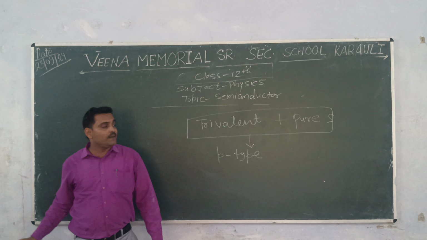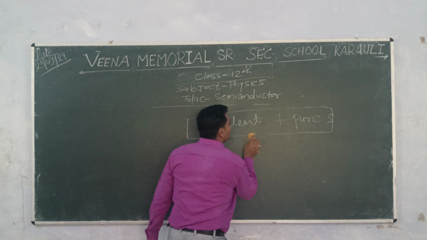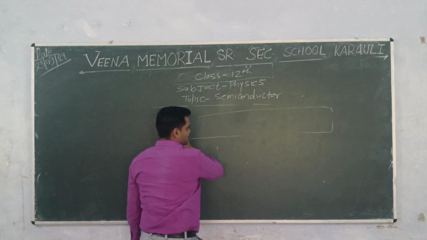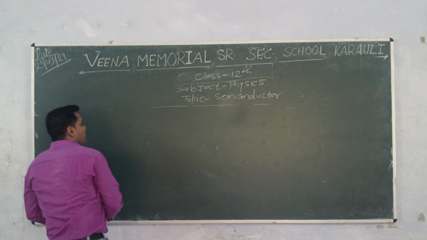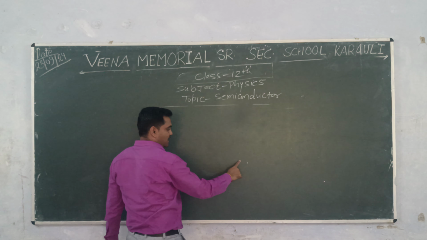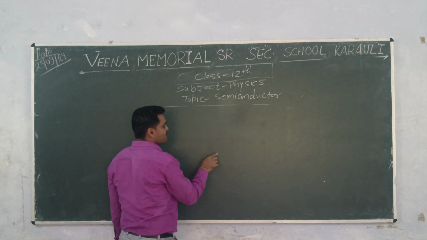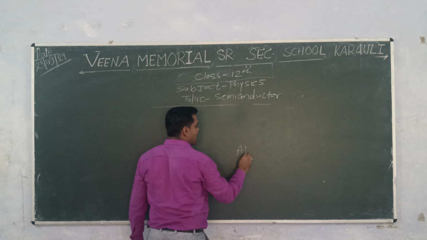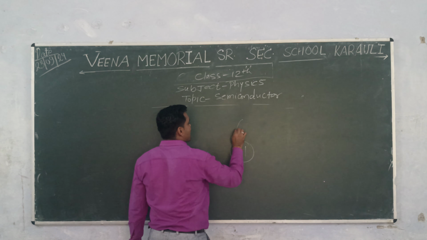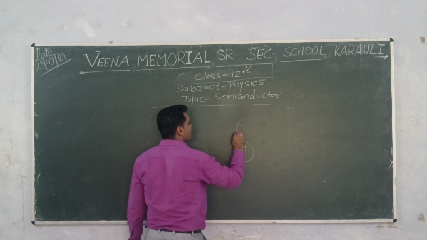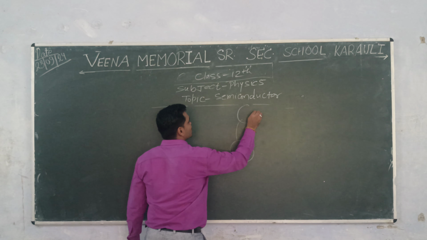The lattice of p-type semiconductor is represented as follows. Trivalent impurity means aluminium, boron, gallium, etc. So we take aluminium as trivalent impurity and mix it with pure semiconductor germanium.